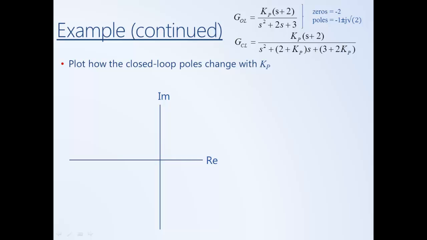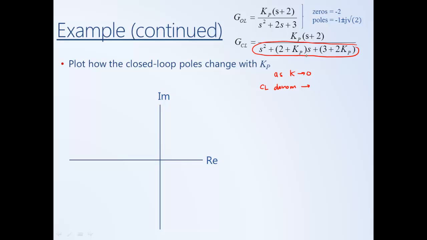So since we want to plot the closed loop poles, we're basically going to look at how the closed loop denominator changes. So we start with k equals 0, or as k approaches 0, the closed loop denominator approaches the following.